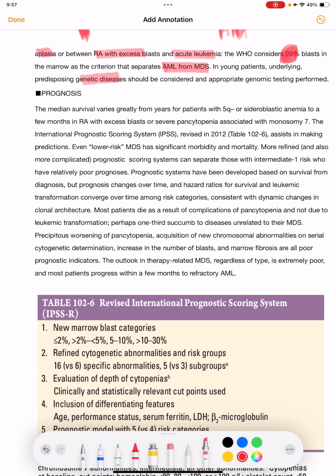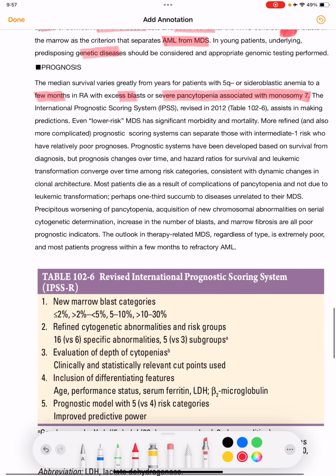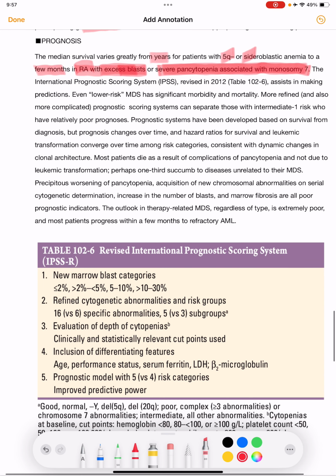It will only be a few months with excess blast, or if there is severe pancytopenia associated with monosomy 7. So if it is 5q minus or sideroblastic anemia, the patient can live for years, but with refractory anemia with excess blast or severe pancytopenia associated with monosomy 7, the survival reduces to a few months.